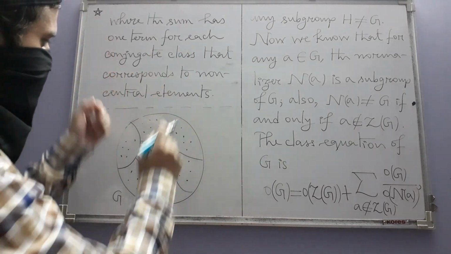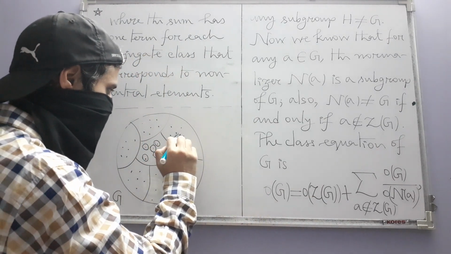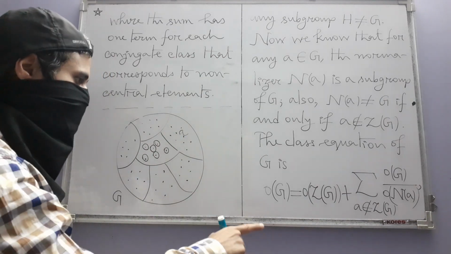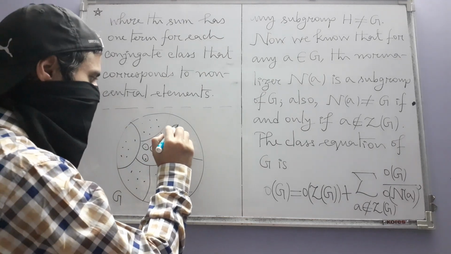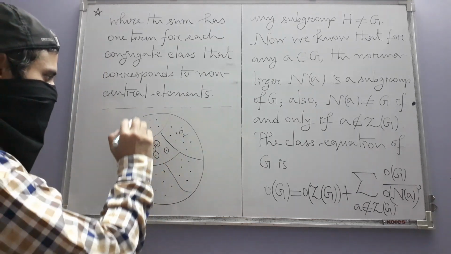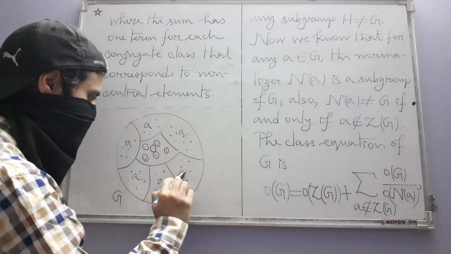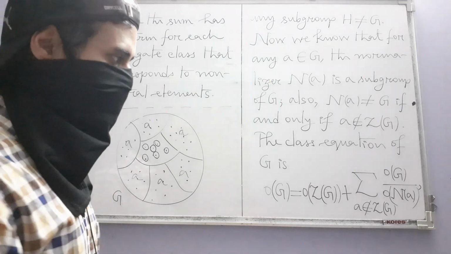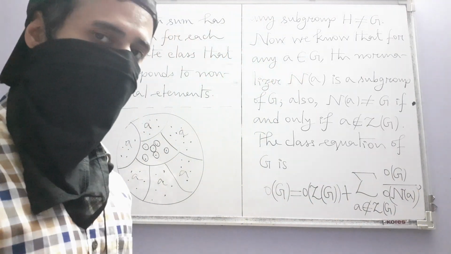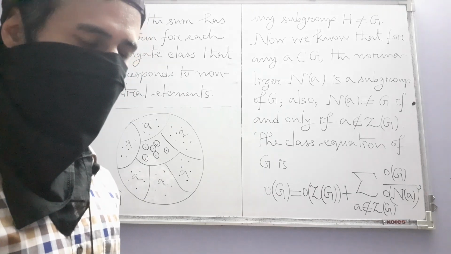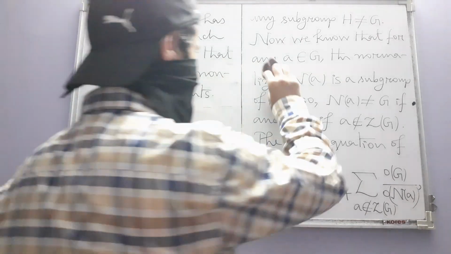So what this part means is that we are taking one element A, and corresponding to it we have one term in this sum, and that element A is a non-central element, taking exactly one A from each conjugate class. So the number of terms in this sum is equal to the number of non-central conjugate classes. That's what all these things mean.